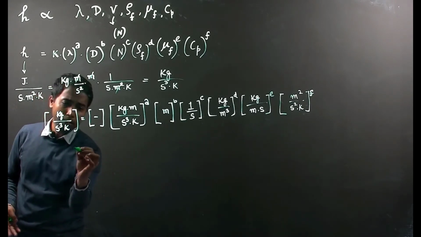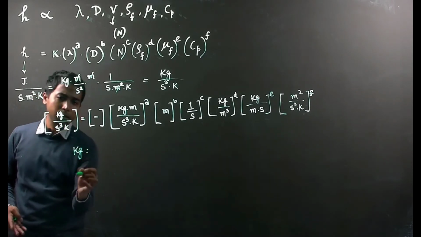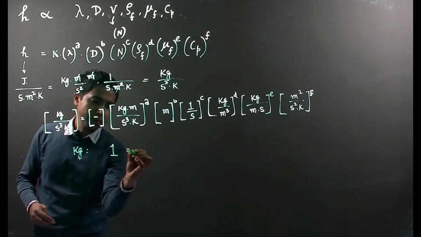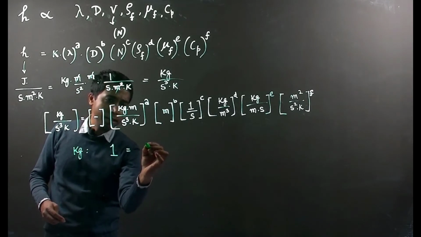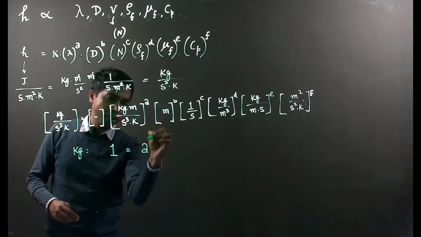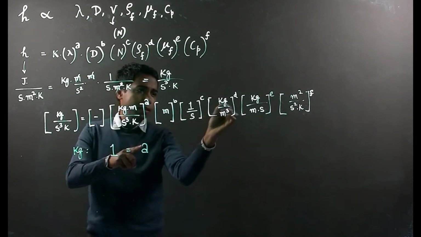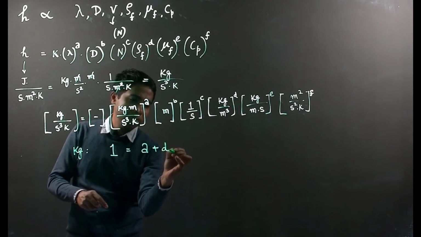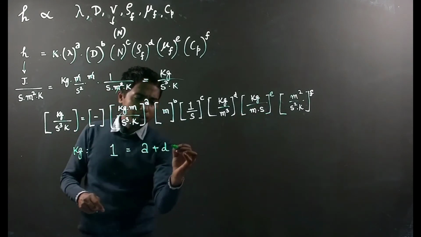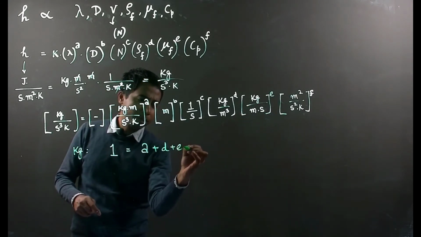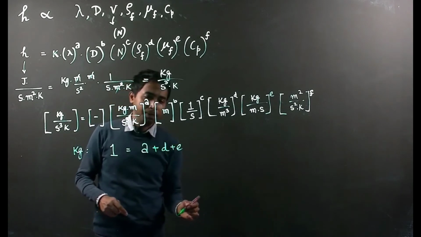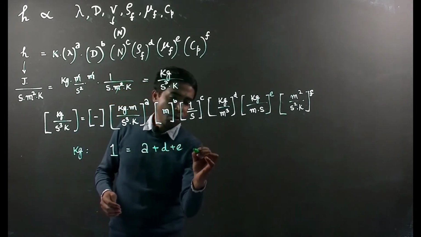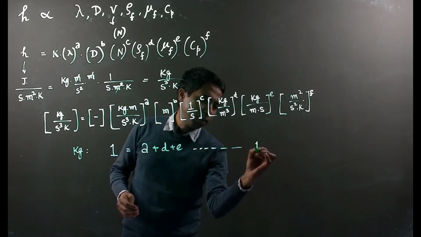So we start with kilograms. On the left hand side, you only have 1 kilogram. On the right hand side, I see there is a from conductivity, then nothing, nothing, and then here again d from density, and finally from viscosity, e. So we are now matching just the powers. Let's call this equation 1.